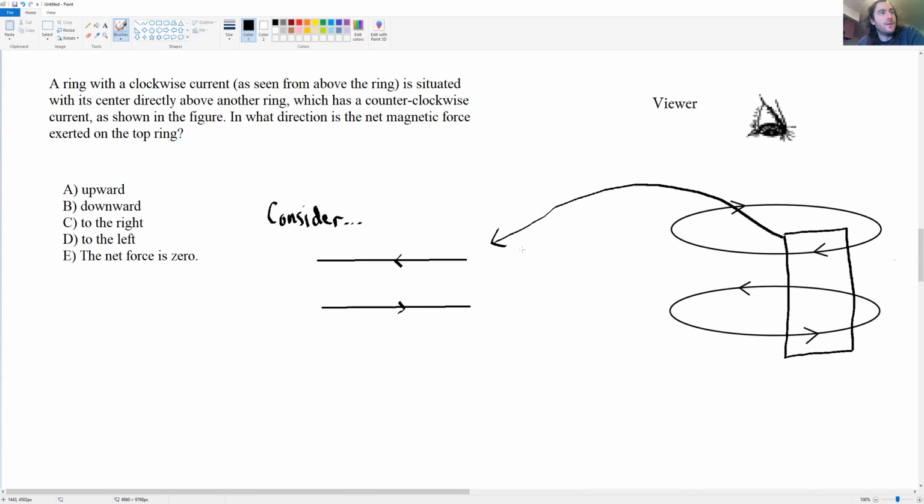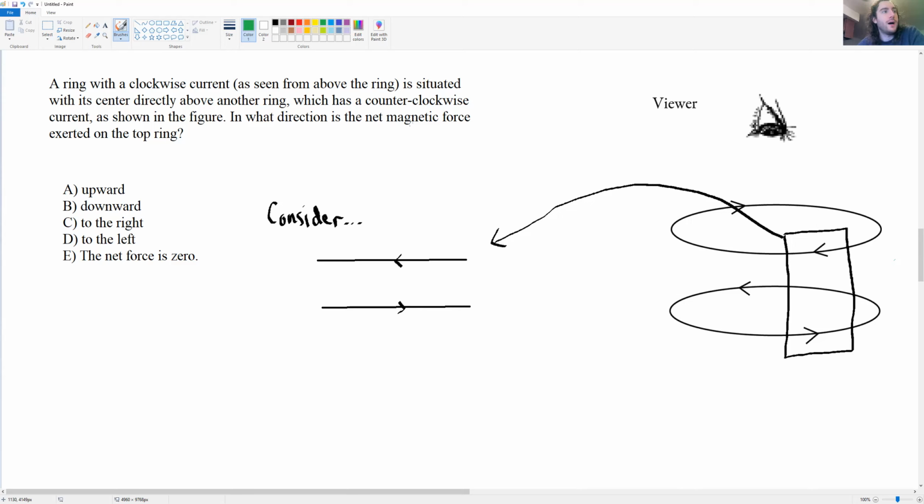Right, in this figure, in this problem. And by symmetry, we can go around the whole circle and sum up all of those forces. So the magnetic field is what causes the force on current carrying wires.